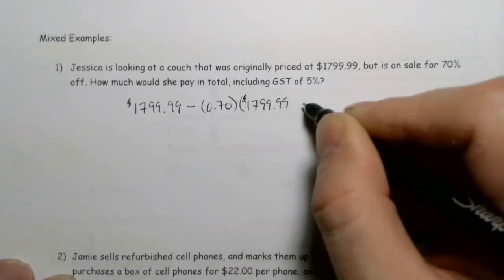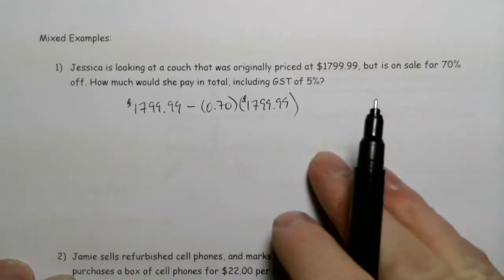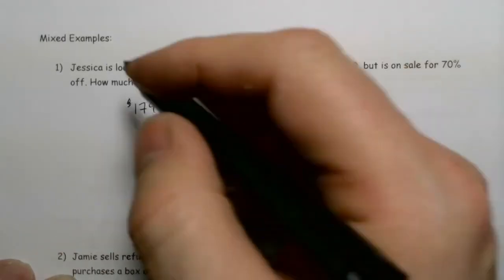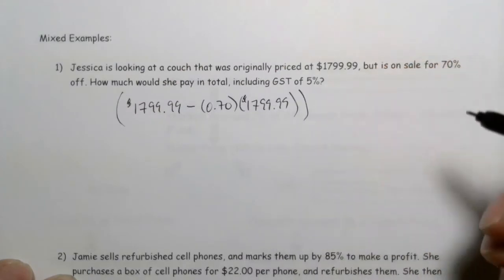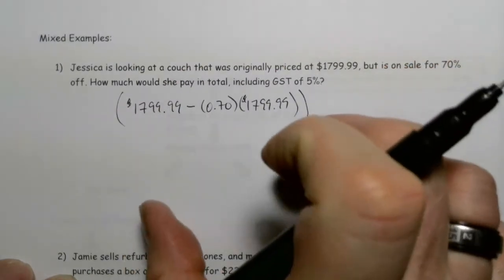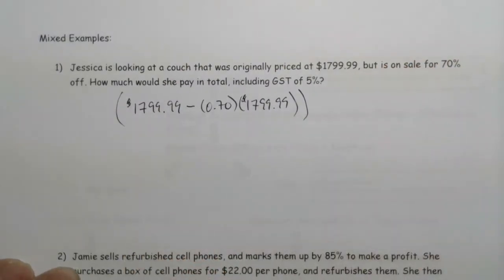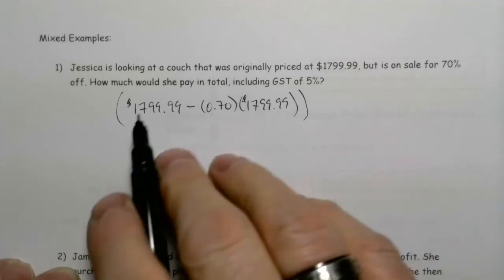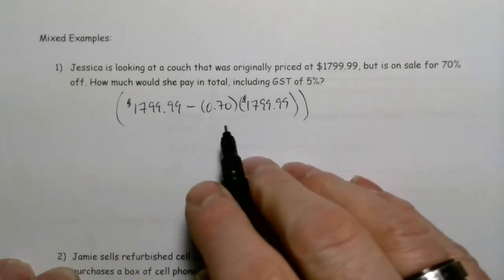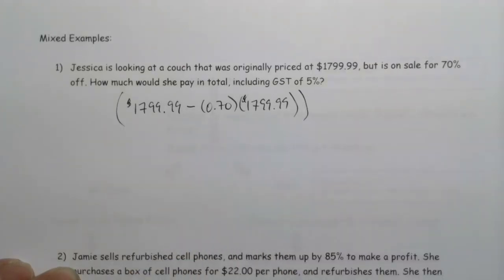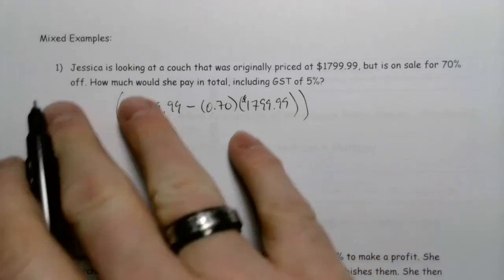This is going to give us the sale price. Now, remember that when you go to the till to pay for the whole thing, you're going to get charged GST on this, and that happens after this calculation. Now, GST is going to be 5% on top of the whole thing that you paid.